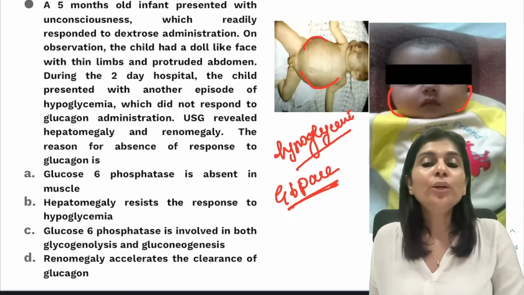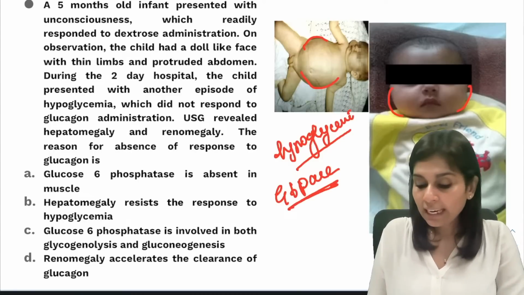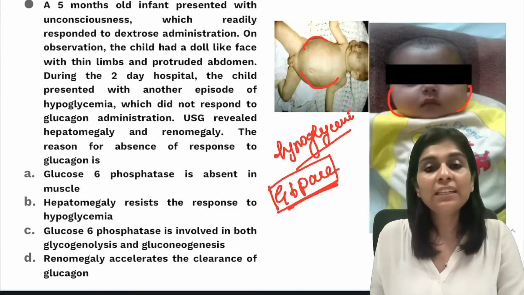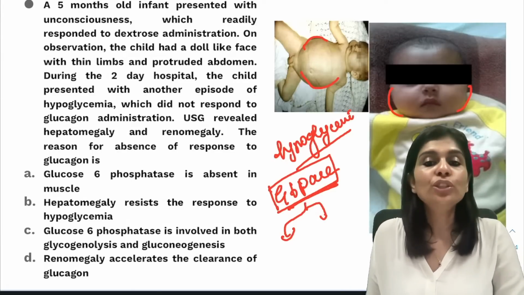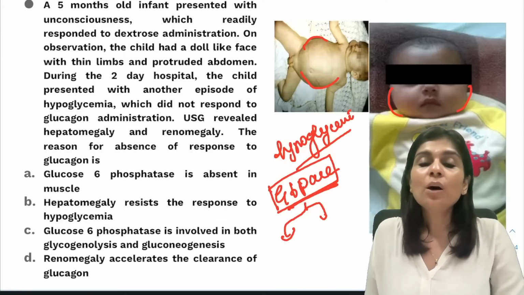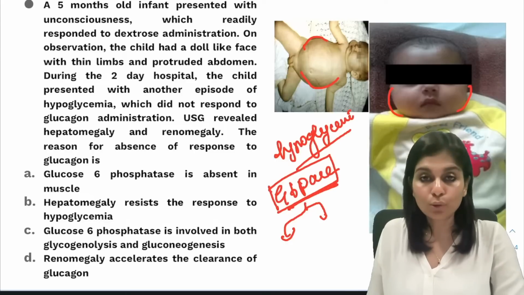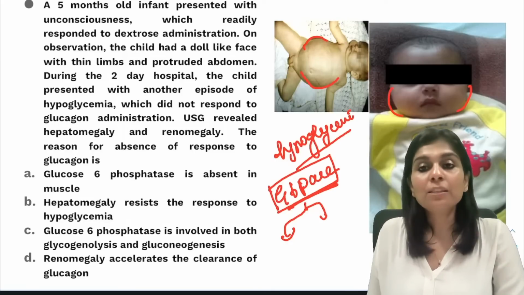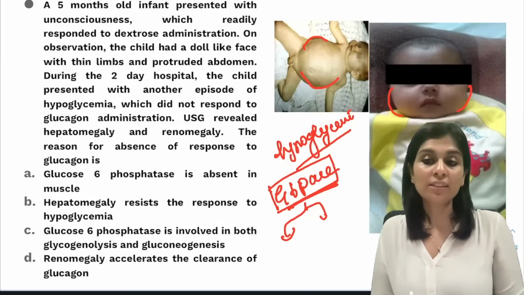Why do you think it does not respond to counter-regulatory hormone administration? It is because when glucose 6-phosphatase is defective, this is an enzyme common to both glycogenolysis and gluconeogenesis. All these counter-regulatory hormones do not have any magic to increase plasma glucose. They increase plasma glucose only by stimulating glycogenolysis and gluconeogenesis.